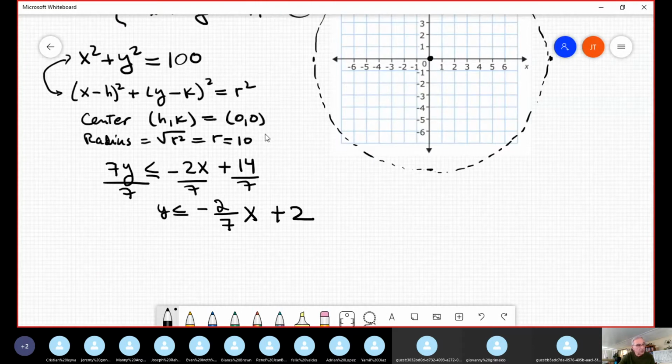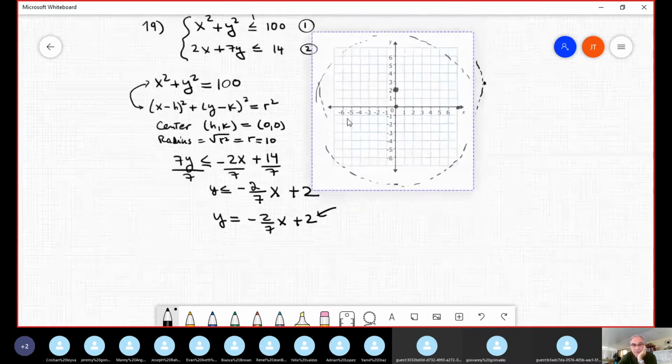So we have a related line: the y-intercept is 2, I plot the 2, and from this point go 2 down and 7 to the right. Then we are ready to do the line.